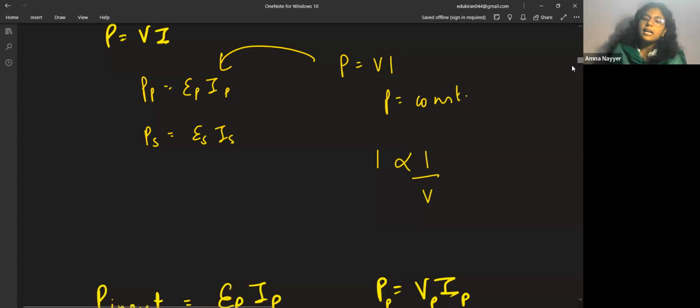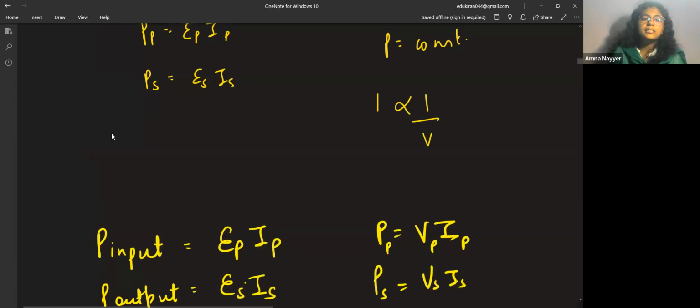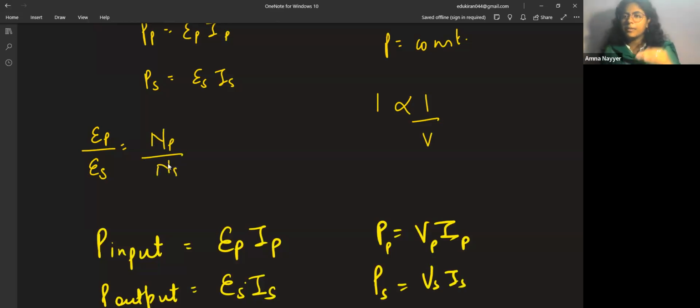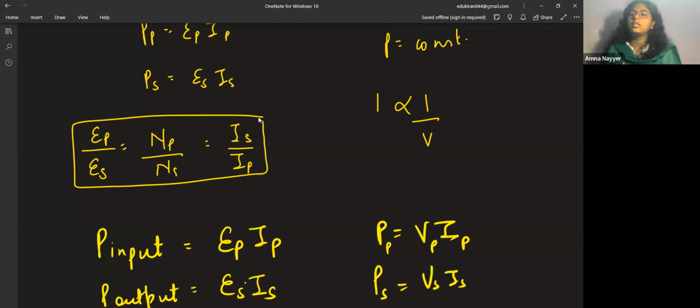So that's why the relation that you have over here is EP by ES is equal to NP by NS. Still here it's clear? Primary with primary. But when it comes to current, current will be opposite, ES by EP. That's it. This formula is sufficient for solving all the questions.